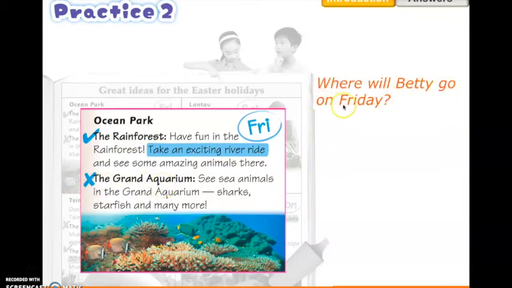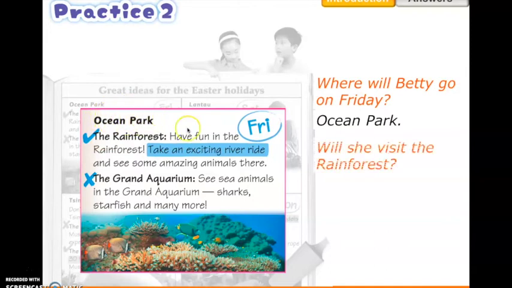Where will Betty go on Friday? So how do you answer that question? We will say Ocean Park. This is the main place. Will she visit the rainforest? We added will she visit before the place. Yes, she will, because there's a tick.